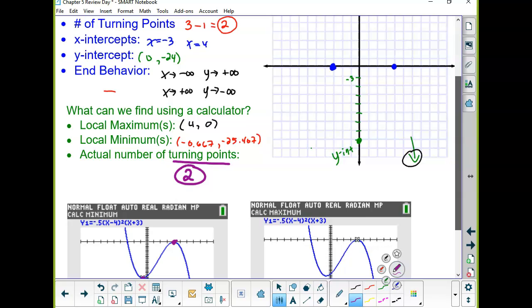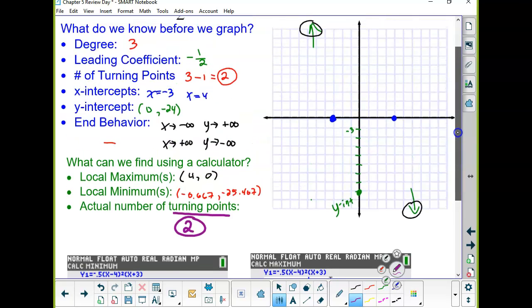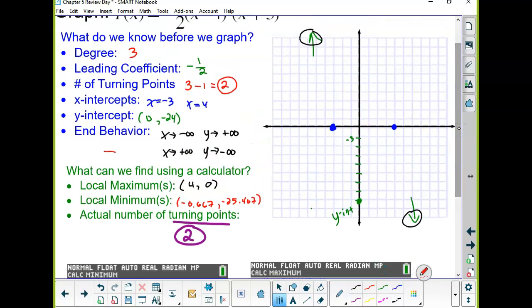So, the last part to create an accurate graph is just plotting the local max and min. The nice thing is my intercept is also the maximum.